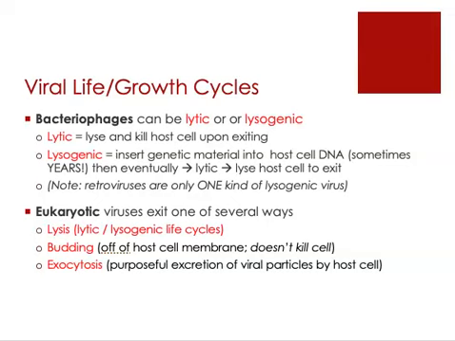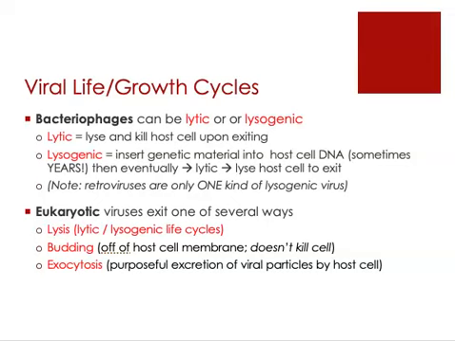When you call a viral life cycle a lytic cycle, what you're saying is that at the end of the cycle, the viral particles are going to burst out of the host cell. They are going to lyse or break the host cell and, of course, kill it as they exit. That's called a lytic form of viral cycle.